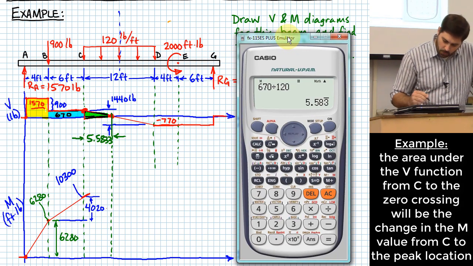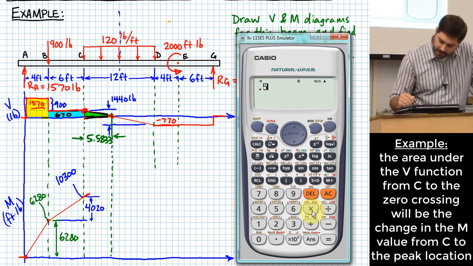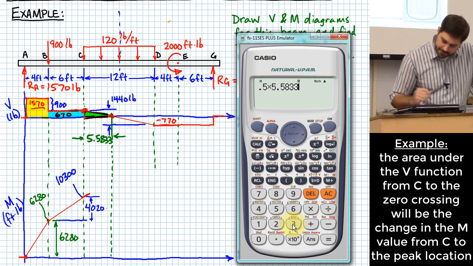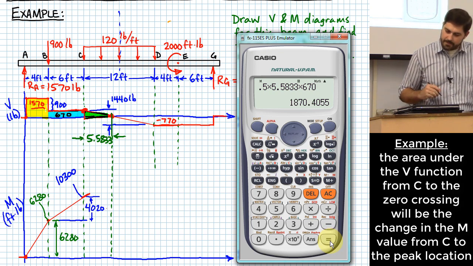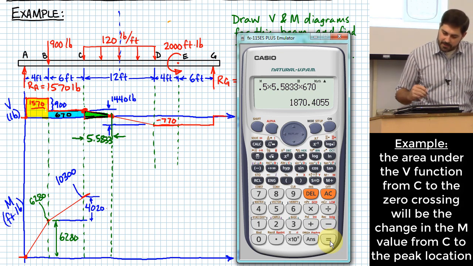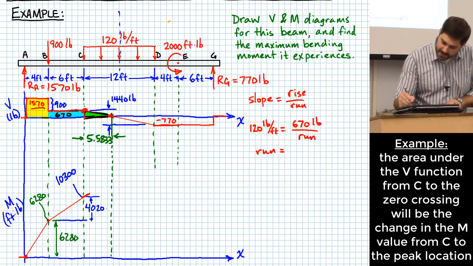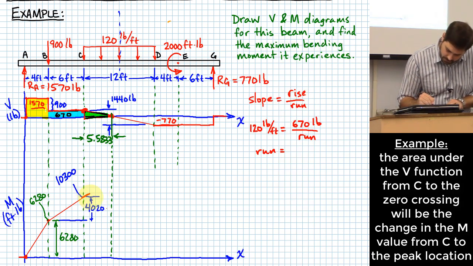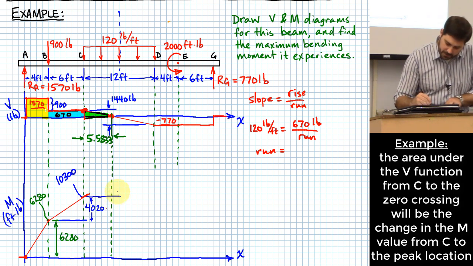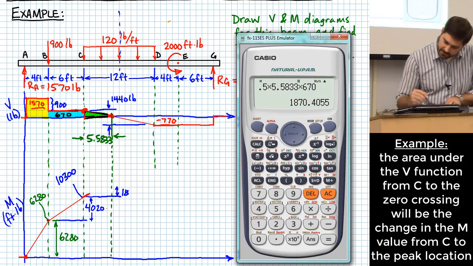One half base times height, so 0.5 times the base, which is 5.5833, times the height, which is 670. That gives me 1,870.4. How do I use that? That's going to be the difference that happens right here, 1,870.4.